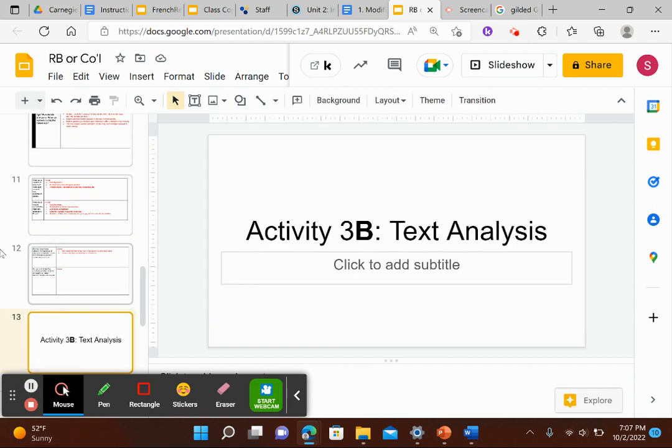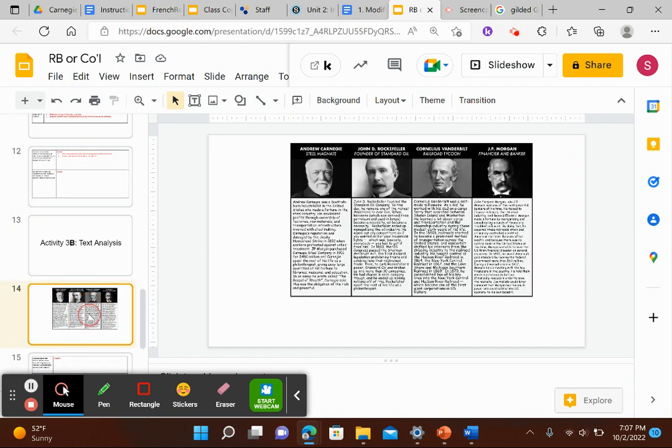All right, activity 3B is text analysis. We're going to take a deeper dive into these robber barons and learn a little bit about each one of them. Okay. So the first one is Andrew Carnegie, steel magnate. Andrew Carnegie was a Scottish-born industrialist in the United States who made a fortune in the steel industry.